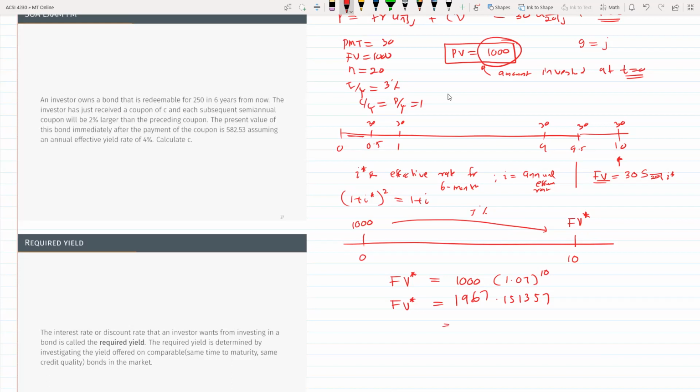This is basically the accumulated value of $30 coupon payments into an account earning rate I. Let me write this: coupon payments into an account earning rate I, which we don't know and which we need to find.